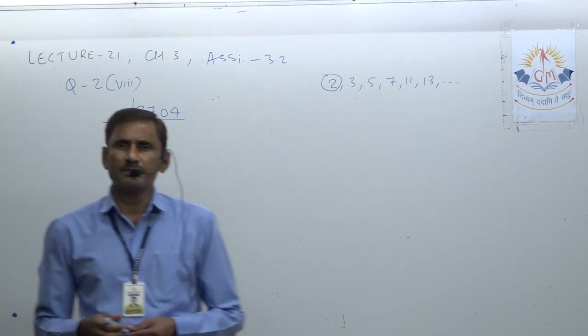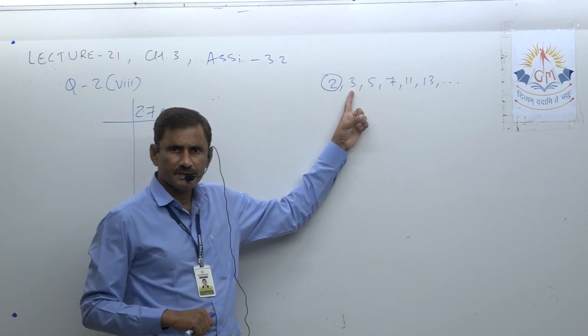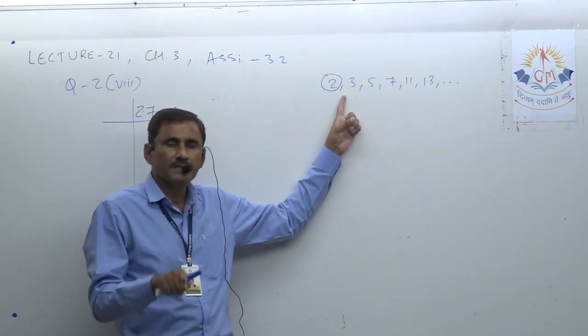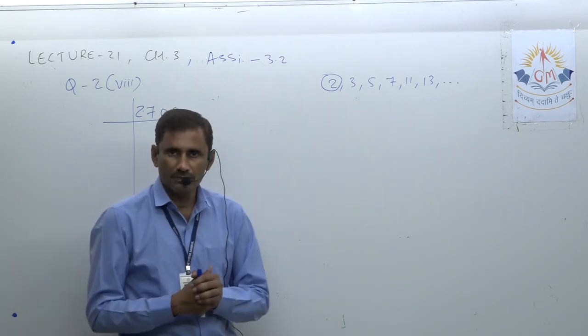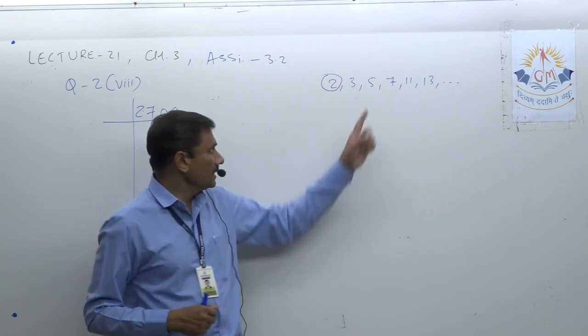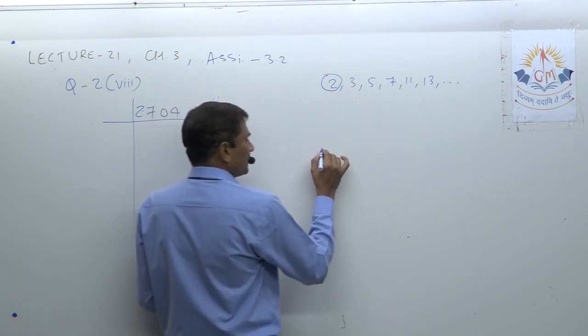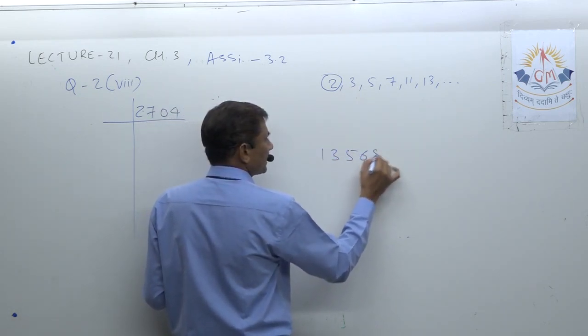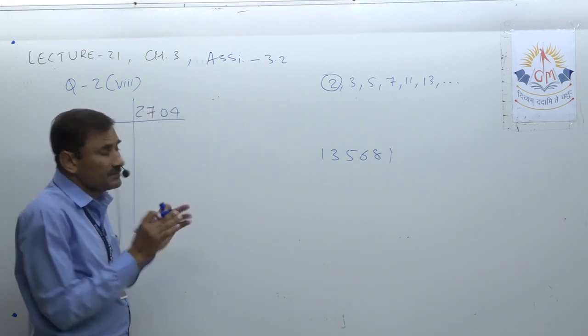An even number is divisible by 2. Suppose the number is 1, 3, 5, 6, 8, 1. Now I want to check whether it is divisible by 3 or not.